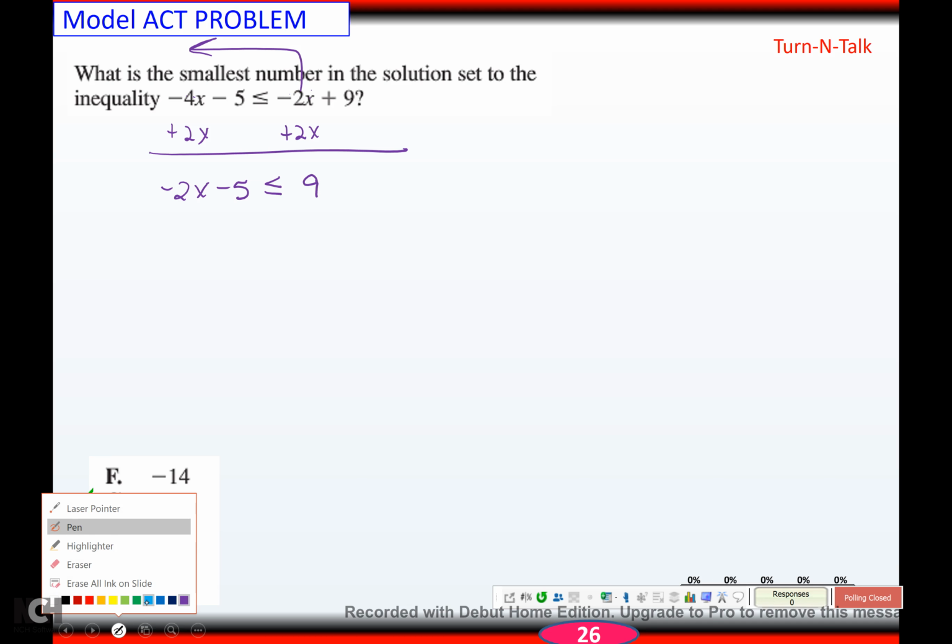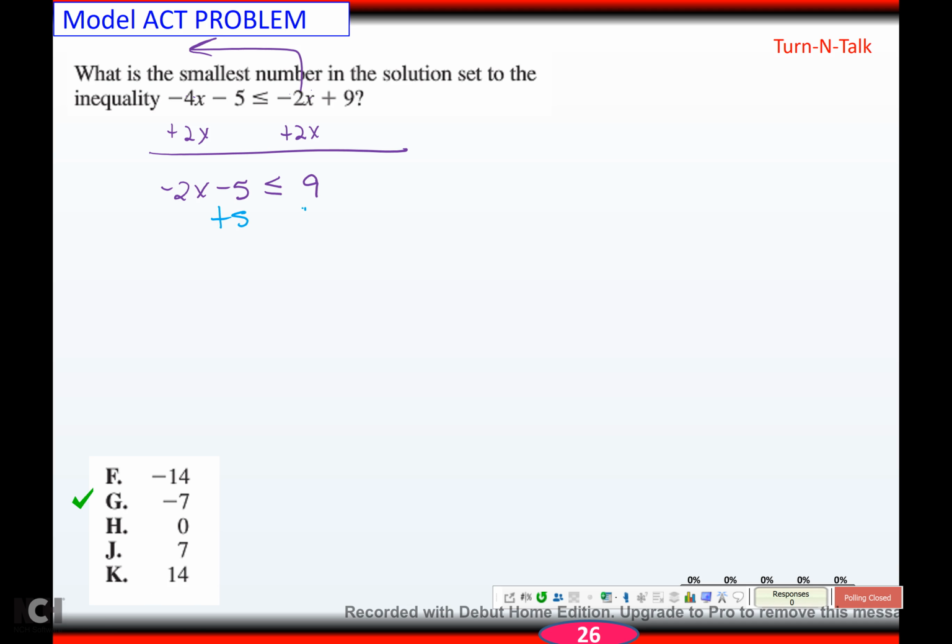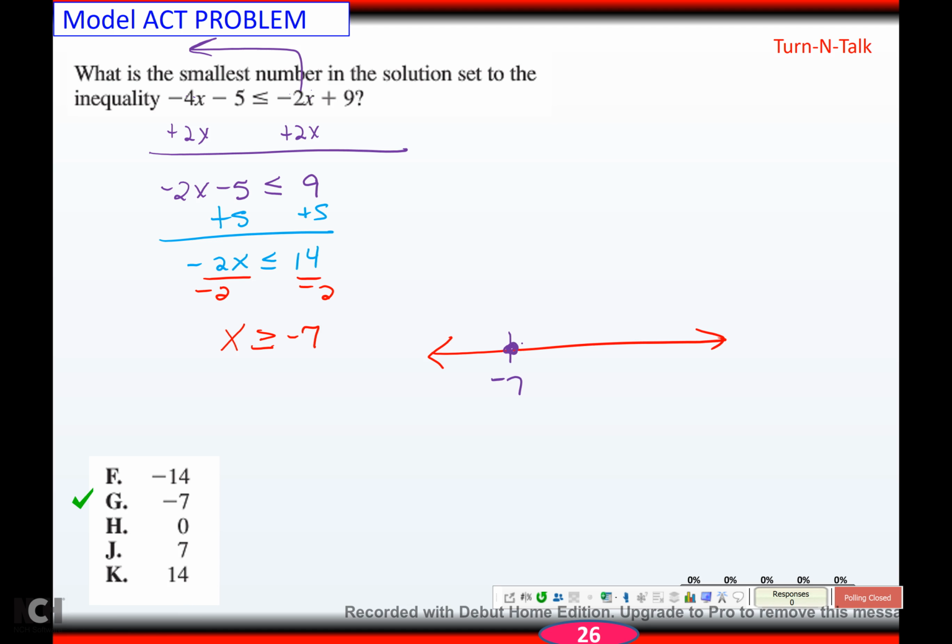To get rid of the minus 5, I'm going to add 5. That gives me negative 2x less than or equal to 14. And I'm going to divide by a negative 2, which gives me x is greater than or equal to negative 7. Now, to answer the question, what this says is I can include negative 7 because of the bar, and anything greater.